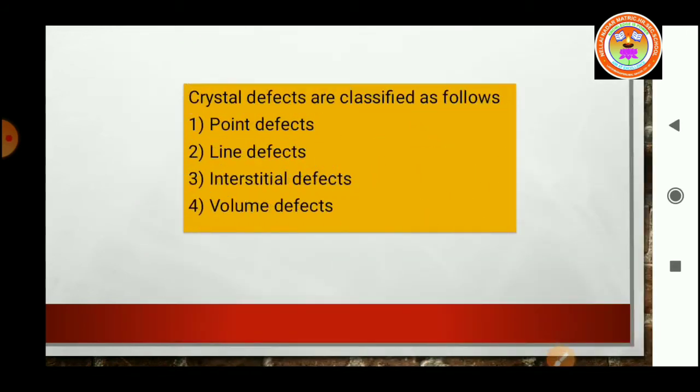Crystal defects are classified into 4 types. One is point defects, the second one is line defects, the third one is interstitial defects, and the fourth one is volume defects. In our portion we are going to discuss only point defects.